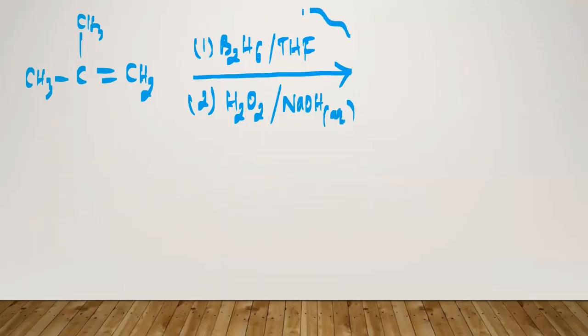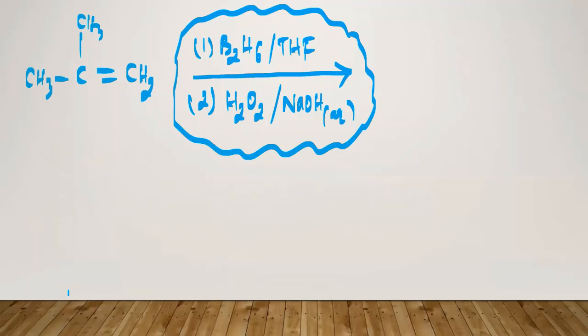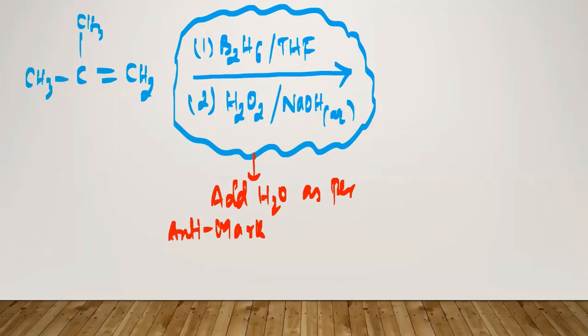So in these 2 steps, you should remember, my dear friends, as a trick, that you have to add water. Add water as per Markovnikov's rule or anti-Markovnikov's rule? As per anti-Markovnikov's rule.